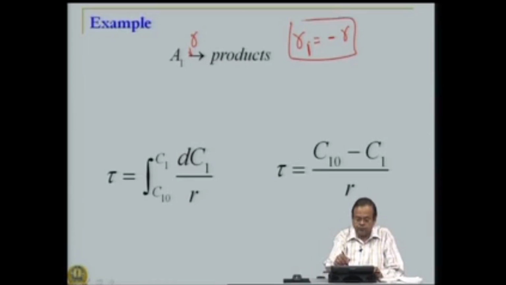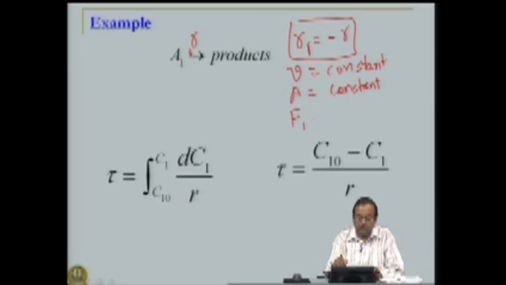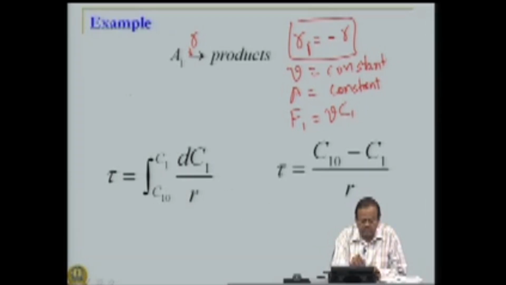So, if we consider this, and our assumption that V is constant, the cross sectional area is constant, then by writing F1 as volumetric flow rate times C1, and the cross sectional area A being constant, remember our design equation under this simplifying condition was u dC1/dz equal to r1.